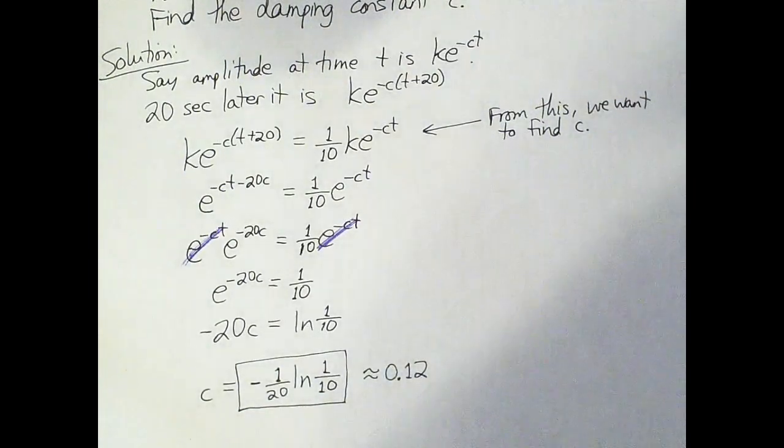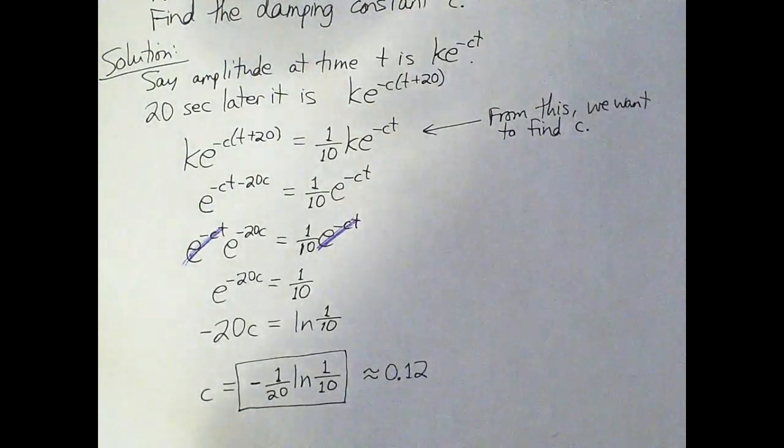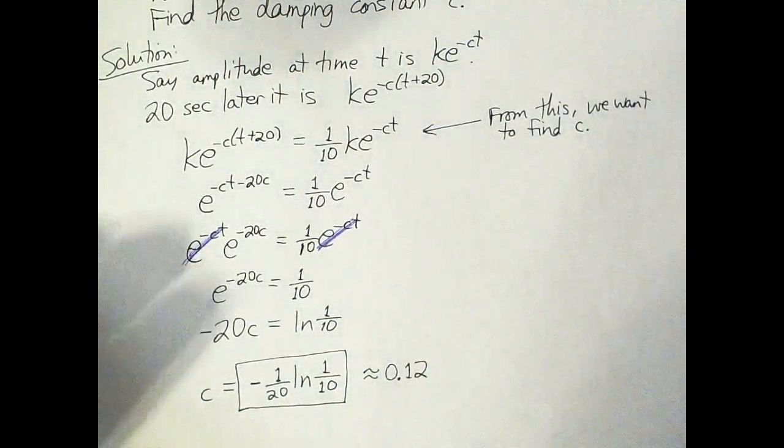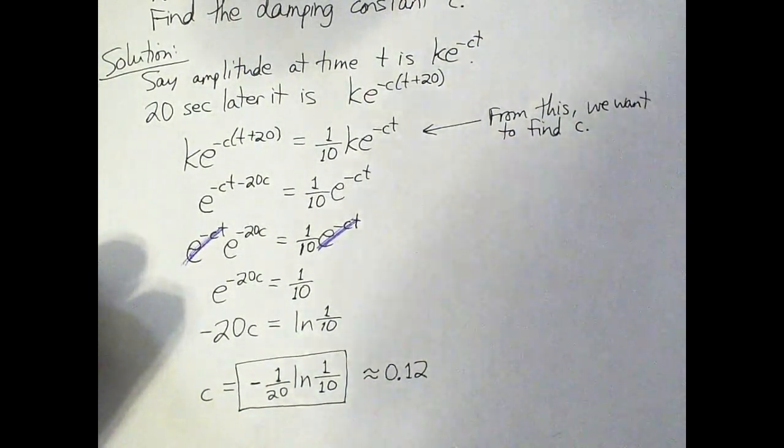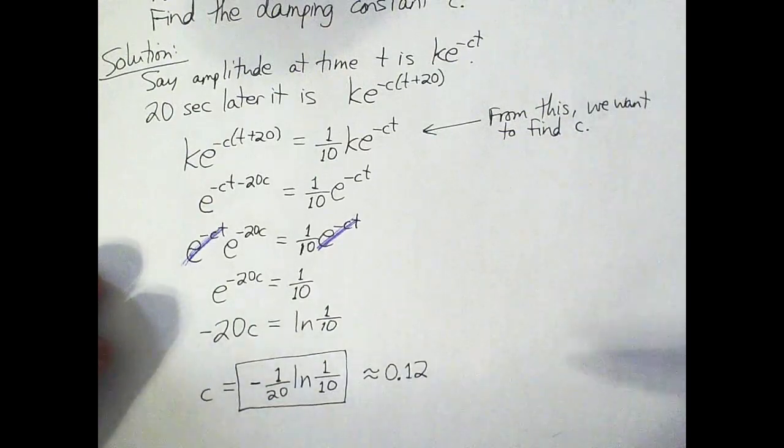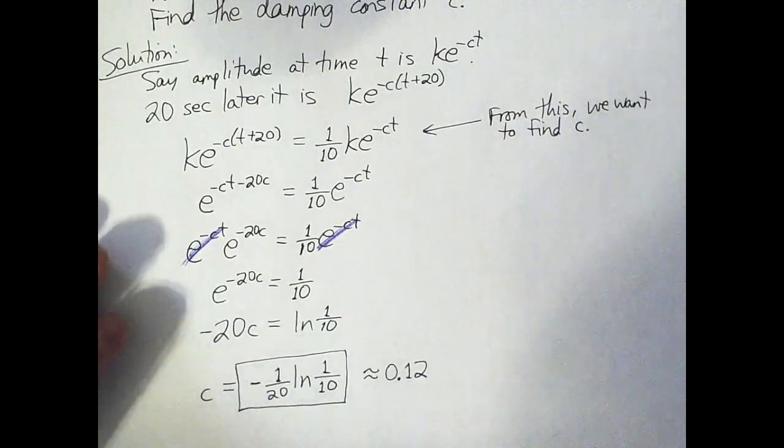So the damping constant and maybe the constant K, those are going to be affected by what kind of substance you're working with. Maybe mud is not the best example. Maybe oil. If you dropped an object into a puddle of oil, it might ripple differently than water.